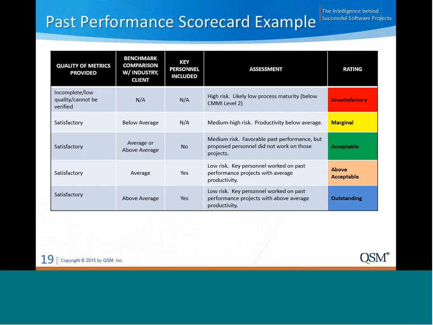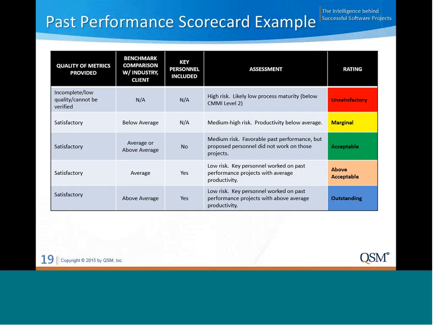So that's why if you get vendors that have productivity that's average or above average, and they're proposing key personnel that worked on the past performance projects that they're providing, well, then you have a lower risk and more confidence that you'll get the same level of performance.